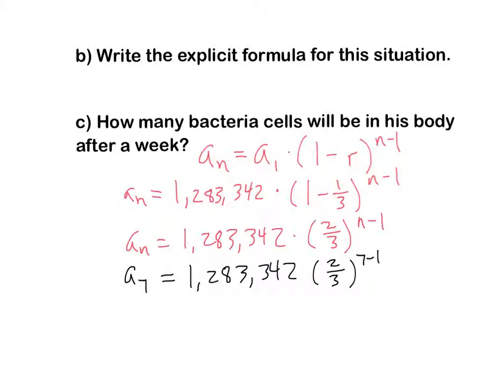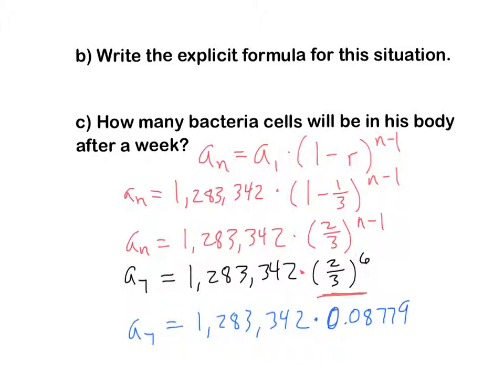And 7 minus 1, I could just probably put 6 right away. So remember to do 2/3 to the 6th power first, and then multiply that by 1,283,342. So if we calculate this correctly, we would find that 2/3 to the 6th power is 0.08779.